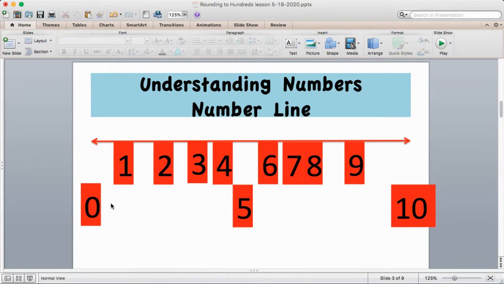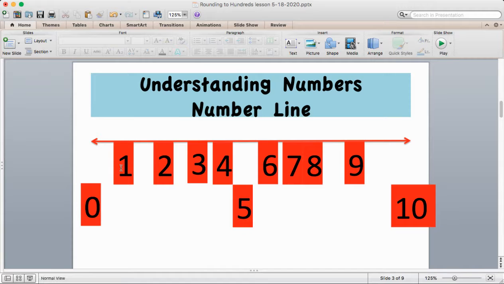So we're going to practice it one more time. 0 and 10 are our anchor numbers. 5 is our mid number. Anything below 4, you round to the lower number. Anything 5 or above, you round to the higher number in the tens.